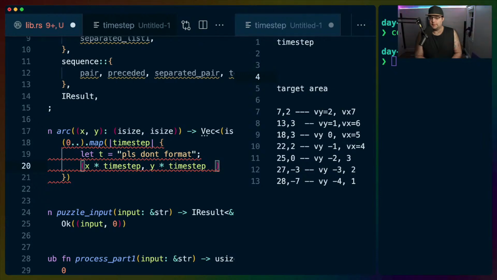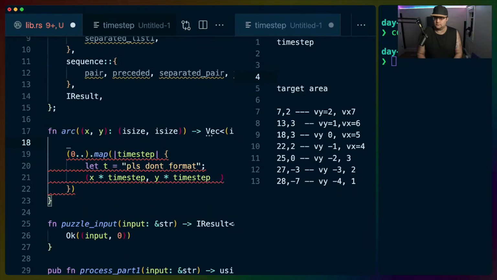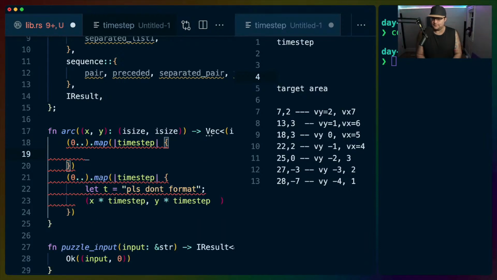That means if I was just doing Vy, it would be y minus time step, right?